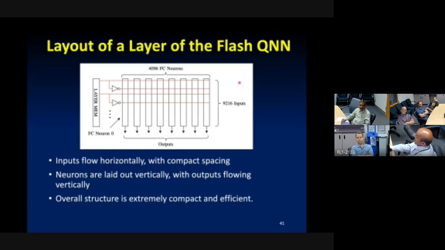Similarly for the outputs, we have multiple neurons that we can compute. In a layer, in our case, we have about 4,000 neurons. The neurons are in the vertical direction, so the outputs of the neurons come out vertically while the inputs go in horizontally. The next layer will permute this, switching between horizontal and vertical. So the layout is really densely structured.